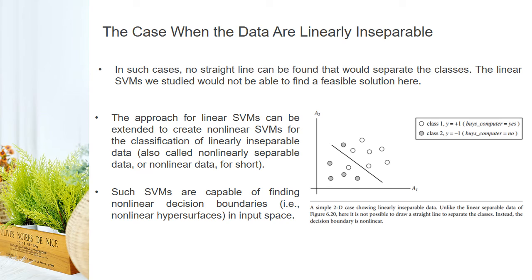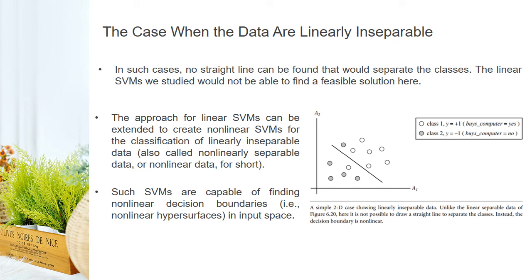What we can do is extend the approach for linear SVMs to create nonlinear SVMs for the classification of linearly inseparable data. These are also called nonlinearly separable data, or nonlinear data for short. So we can see the case of nonlinear data.